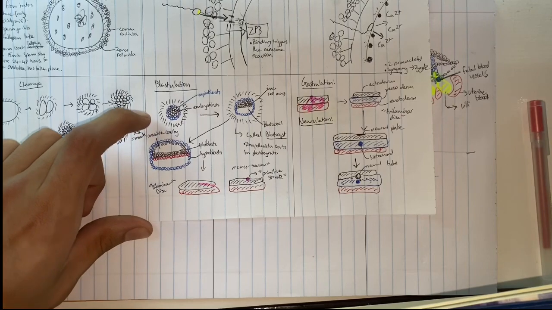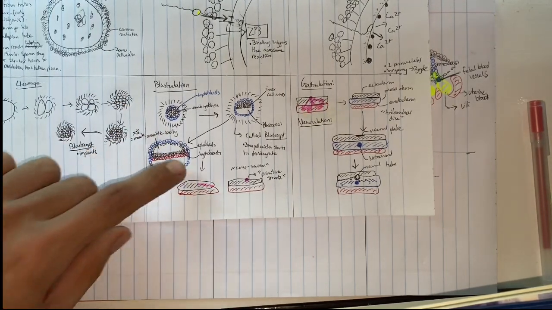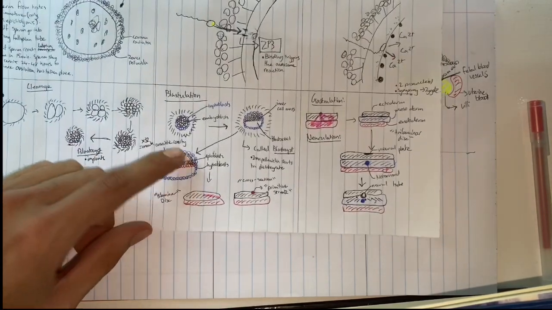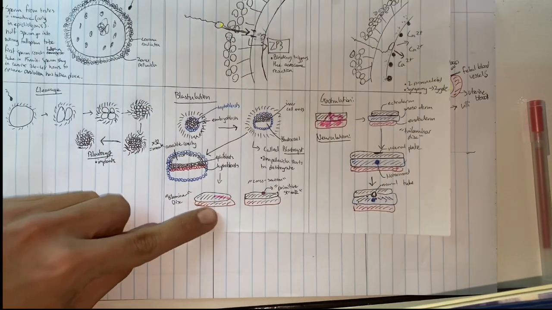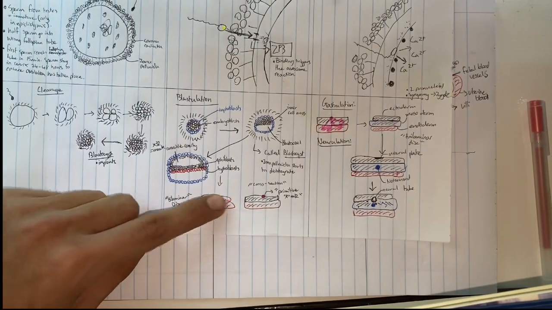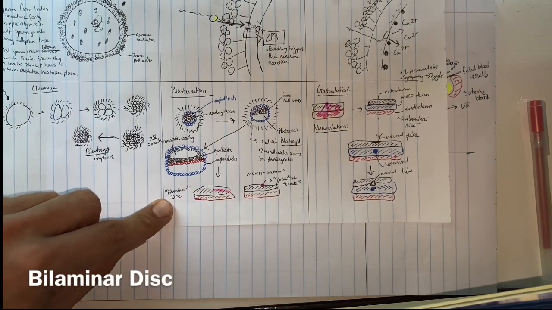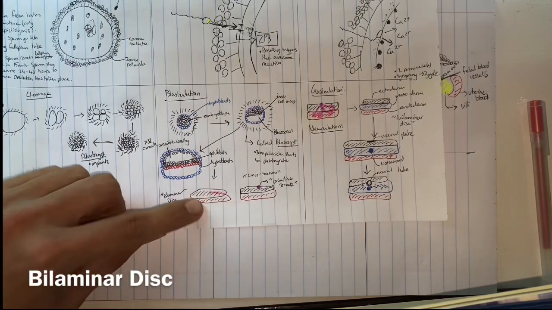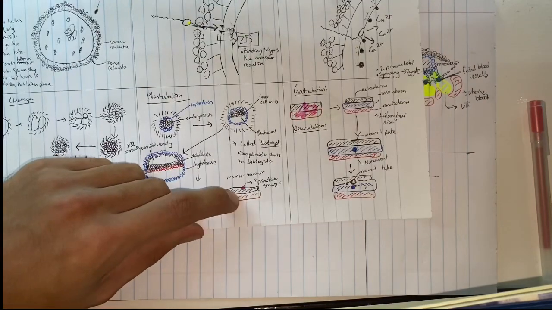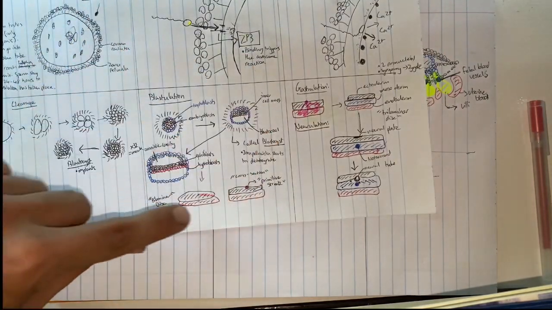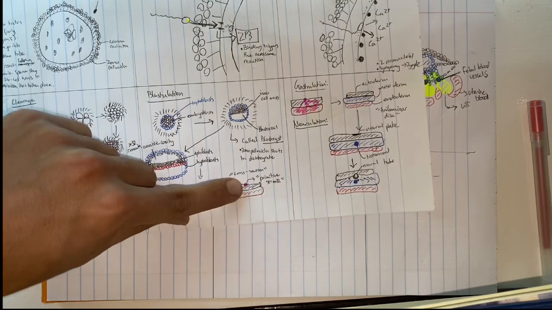Okay, so these hypoblasts and epiblasts, let's look at them in detail. So here we've got our two germ layers, and we call these two germ layers a bilaminar disc. So here's the view of them from the side, and here's the view of them if we take a cross section.